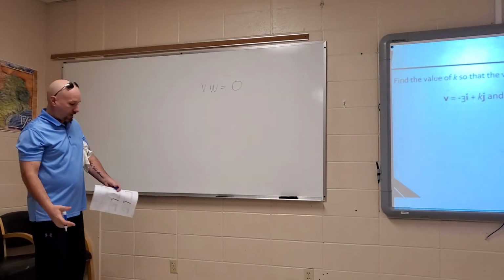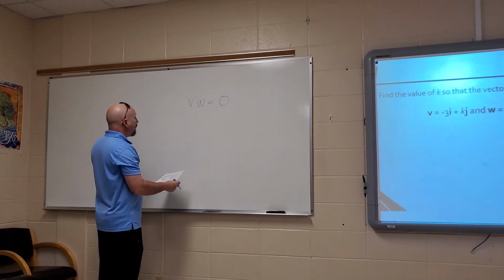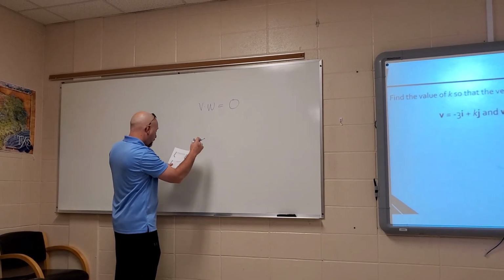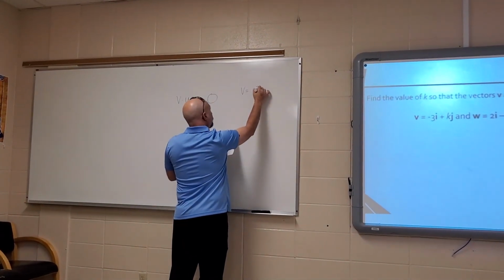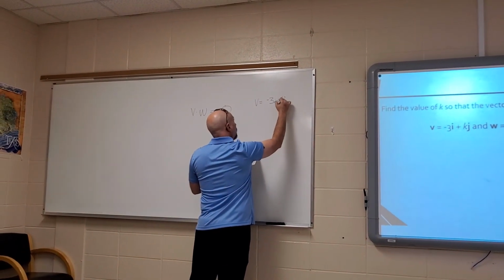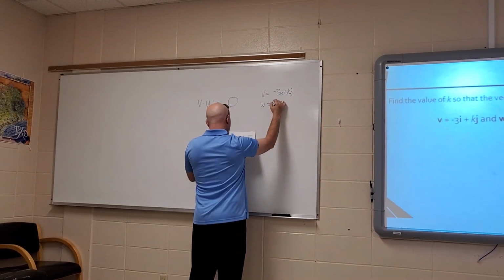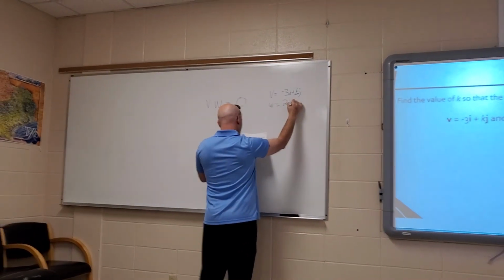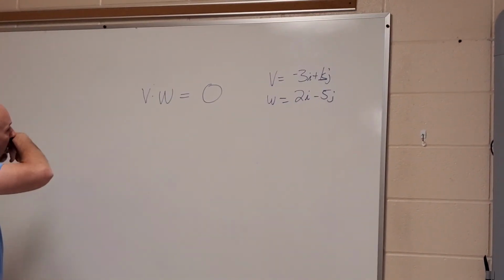So if the dot product between them is 0, and V is negative 3i plus kj, where k is something we want to find, and W is 2i minus 5j, then we can do the dot product.